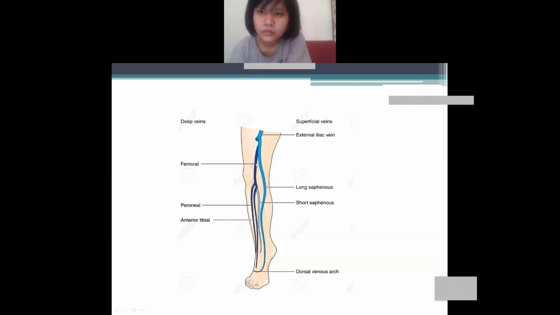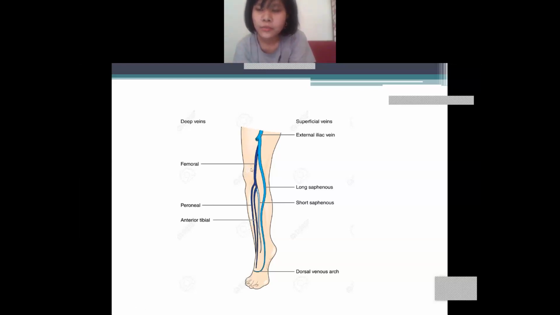And when they reach this one, I mean the deep veins, they will accompany the arteries and their branches. Understand? Means in the previous class we discussed the arteries, right? So the femoral veins will come and do what? They will come along with the arteries.